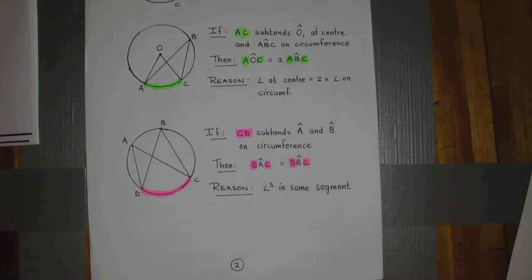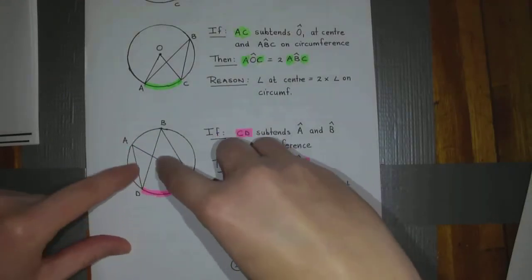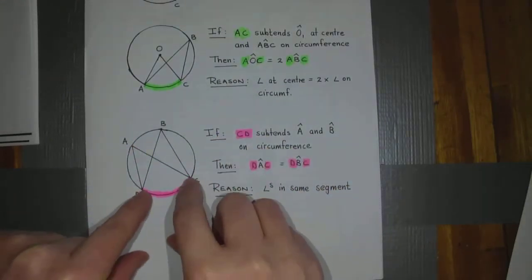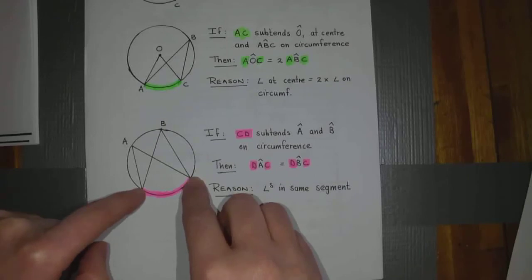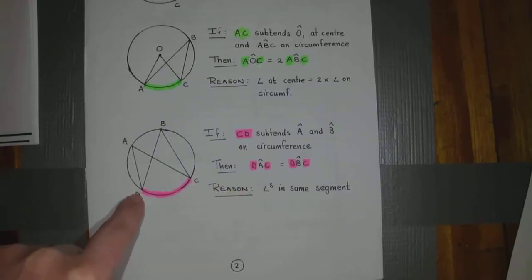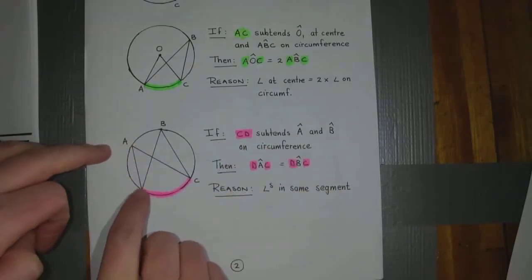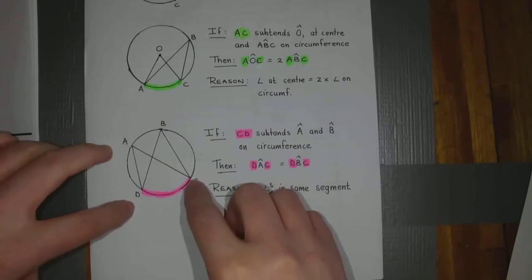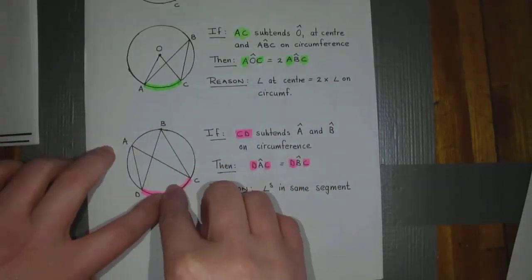Because if this arc subtends that angle over here, but then I draw another angle going this way, a lot of people then say, oh, but CD subtends that. No. Minor arc, minor meaning the smaller arc, subtends A. If I were to draw an angle in here, then the major arc, CD, would subtend that angle.